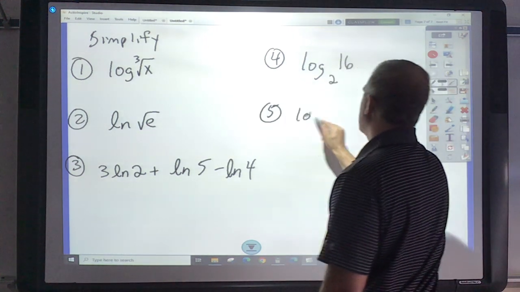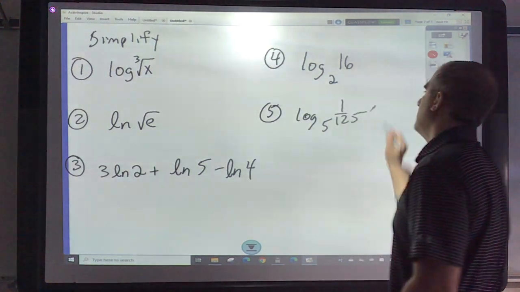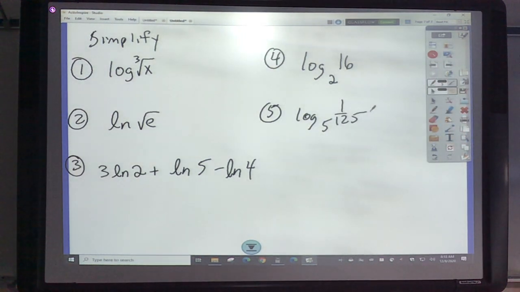Let's do log base 5 of 1 over... And I think that's it.